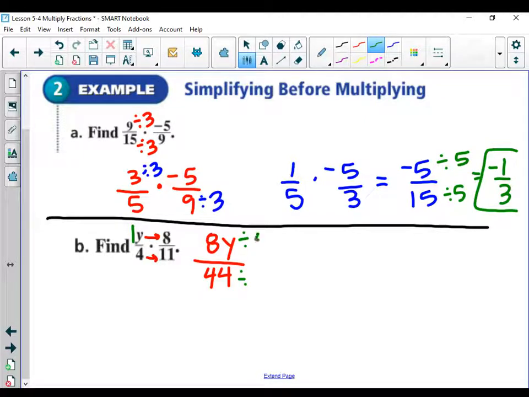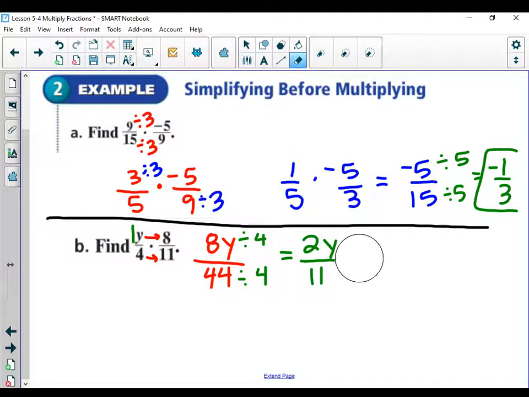Divide at the top and the bottom. Leave that y hanging out on top. Or if it was on the bottom, leave it on the bottom.